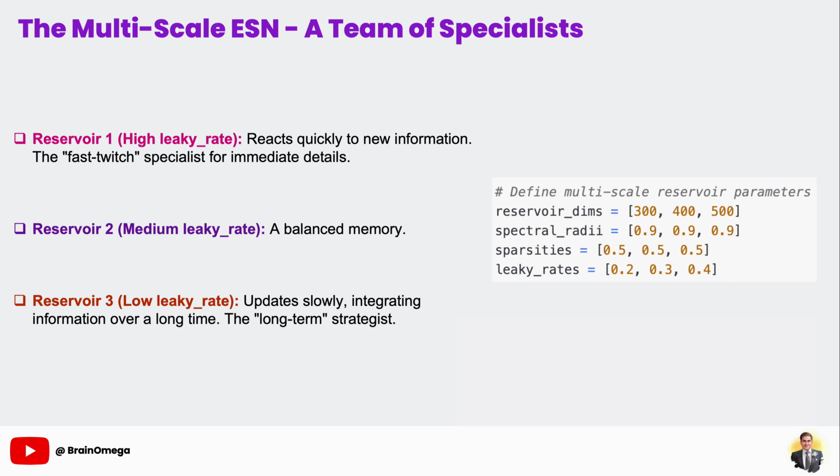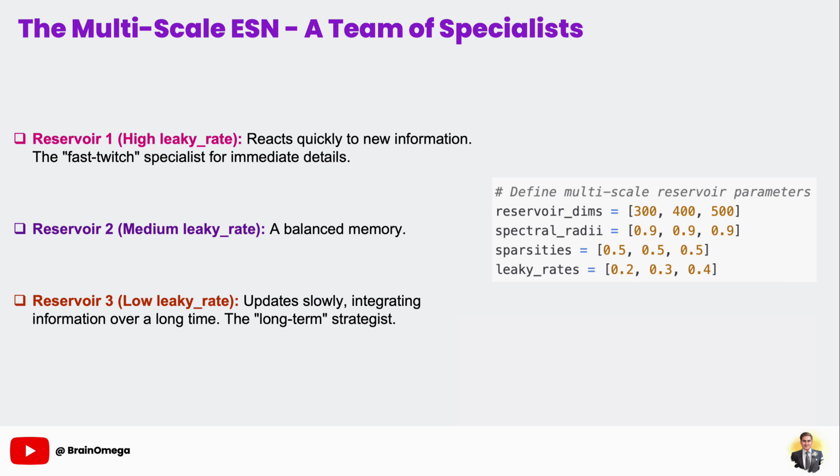We are creating 3 reservoirs and we are giving them different sizes, 300, 400, and 500 neurons. Giving them different sizes can provide varying levels of complexity and capacity for the patterns they can represent. Next, spectral radii and sparsities. For this particular experiment, we're keeping these consistent across all 3 reservoirs to isolate the effect of the other parameters. They are all set to stable, well-established values.